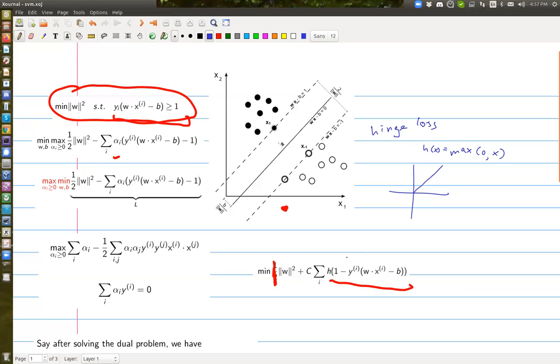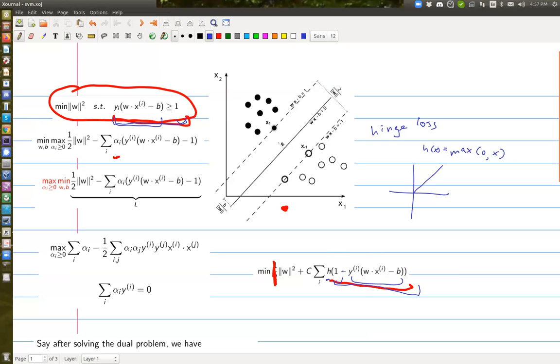Now if you look at this one here, what I did is I flipped this condition, so I have 1 minus this guy here. I want this one to be bigger than 1, and when it is bigger than 1, then this will be negative, so the loss will be 0.